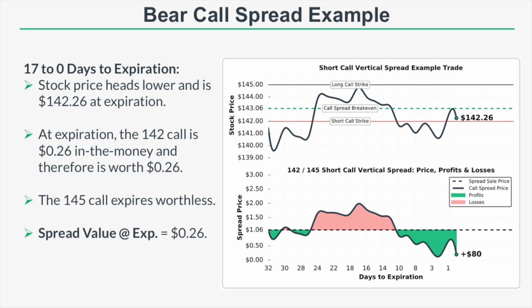And since that 142 call is worth 26 cents and the 145 call is worthless, the spread value at expiration is 26 cents. Now, since we initially sold the spread for $1.06 and it expired worth 26 cents, we make 80 cents of profit or $80 in profit per short call spread.